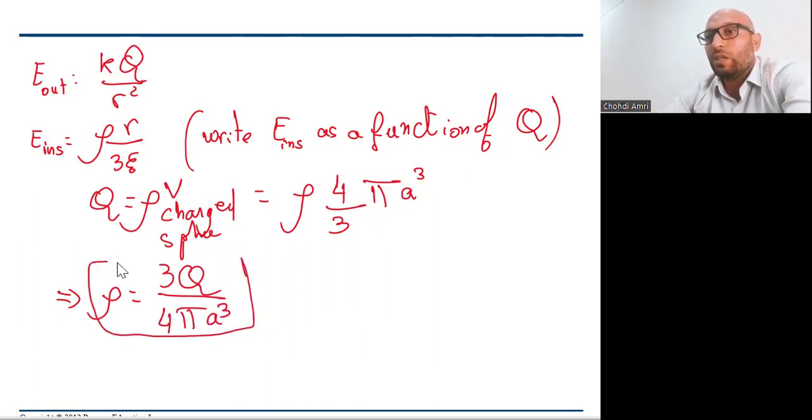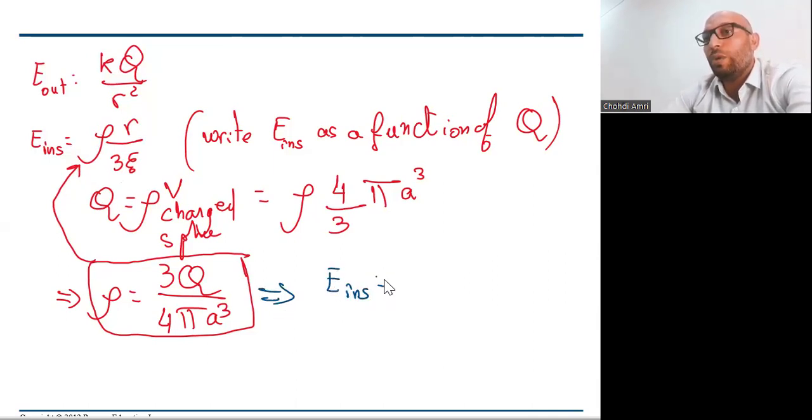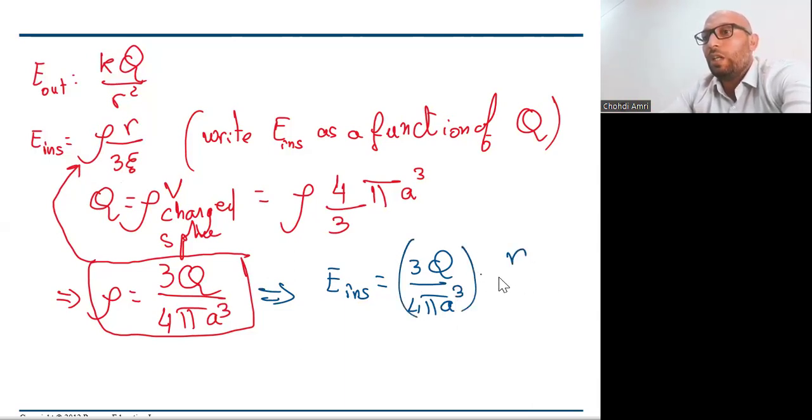We will take this charge density rho and substitute the expression into the electric field inside the charged sphere. So our electric field inside will be equal to rho. How much is rho? Rho is 3Q divided by 4 pi a cube, multiplied by r divided by 3 epsilon naught.